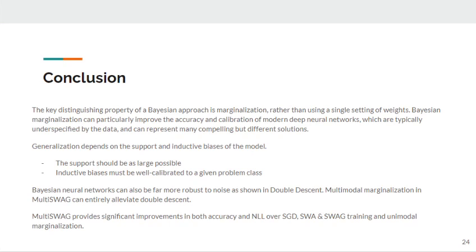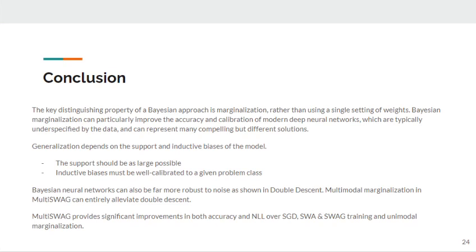In conclusion, the key distinguishing property of a Bayesian approach is marginalization, rather than using a single setting of weights. Bayesian marginalization can particularly improve the accuracy and calibration of modern deep neural networks, which are typically underspecified by the data and can represent many compelling but different solutions. Generalization depends on the support and inductive bias of the model.